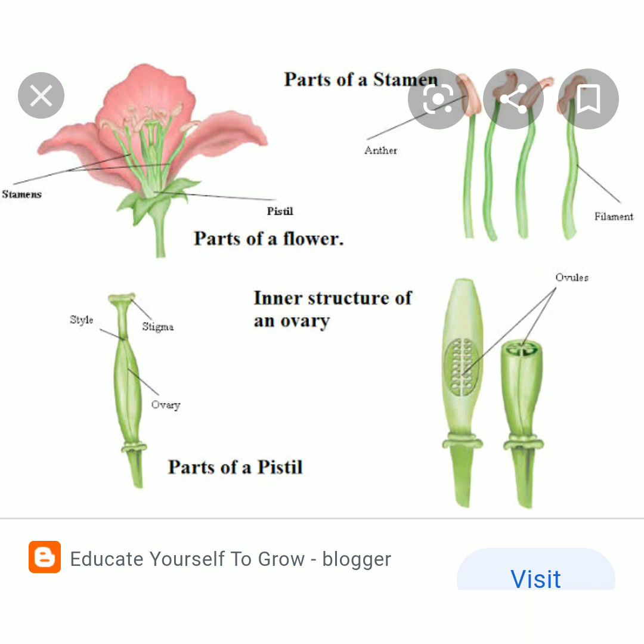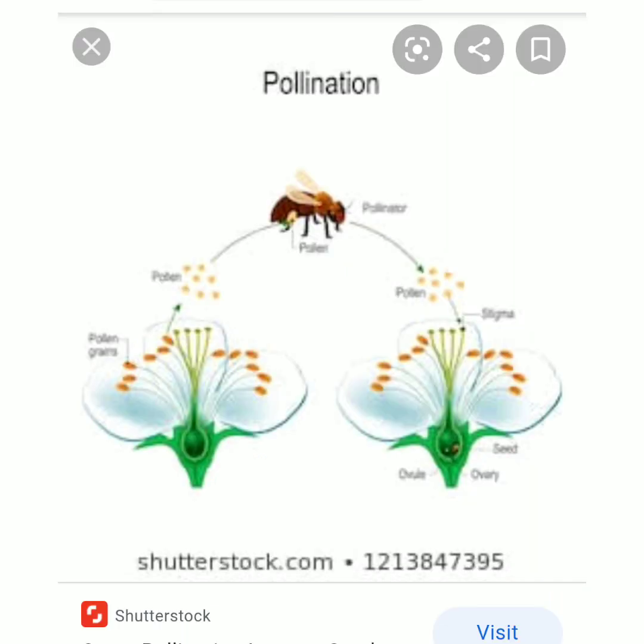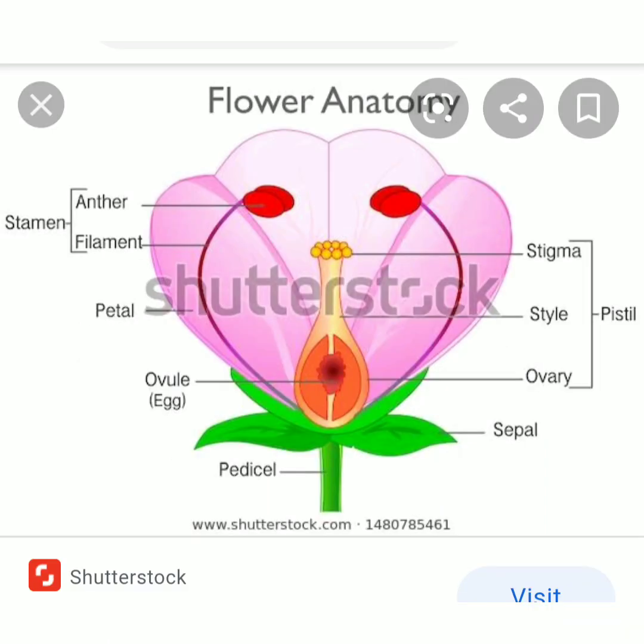Then about pollination. It is a process of transferring pollen grains from the anther of the androecium to the stigma of the gynoecium. After pollination, the pollen grains grow through the style, reach the ovary and fuse with the ovule. This process is called fertilization.